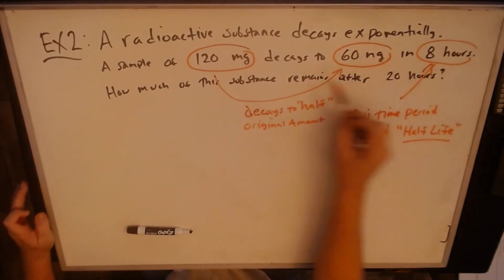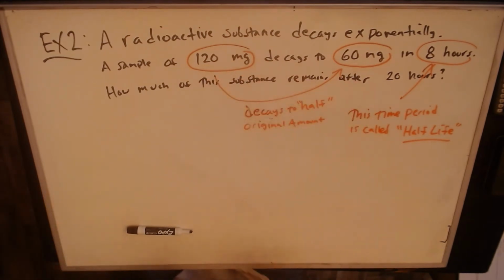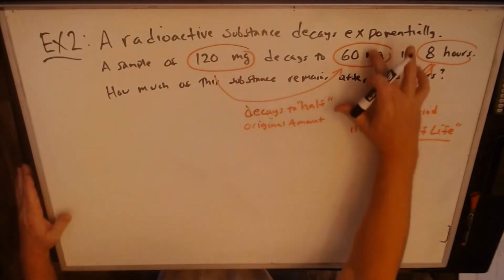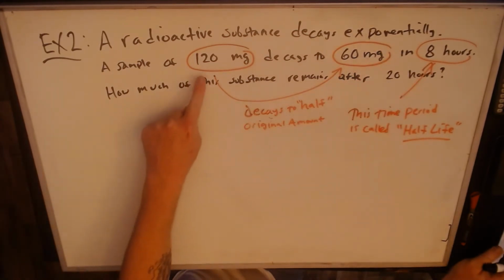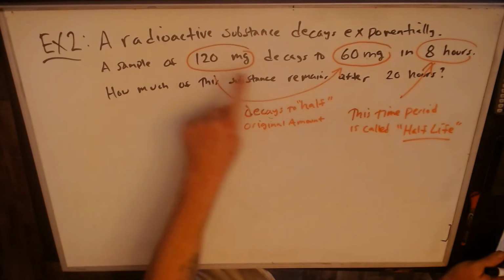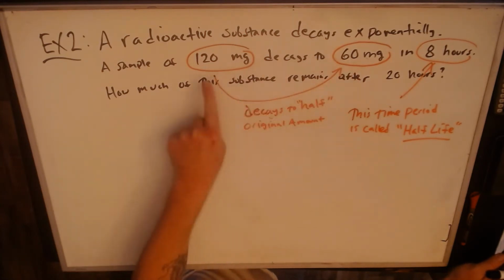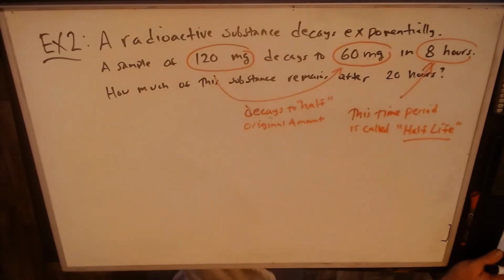How much time does it take for the substance to get cut in half? It really doesn't matter that it was 120 milligrams. Had this been 500 milligrams, well then half would be 250. So if this value is cut in half, then the amount of time is called the half-life.